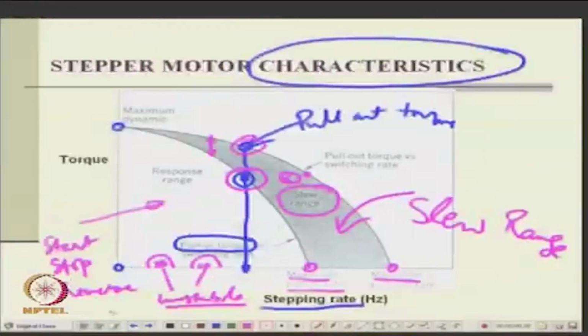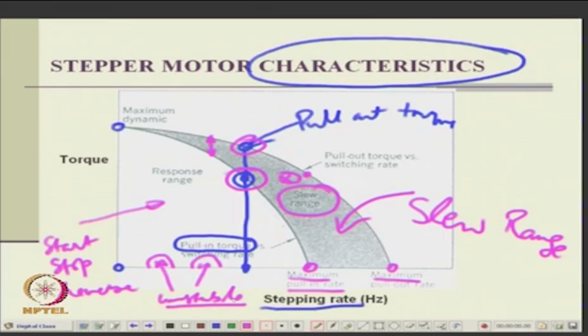After all, there is some static torque, and that much torque it can pull into synchronism. But ultimately at that speed it should run. Supposing you give this pulse rate, it should be capable of rotating at that speed, isn't it.